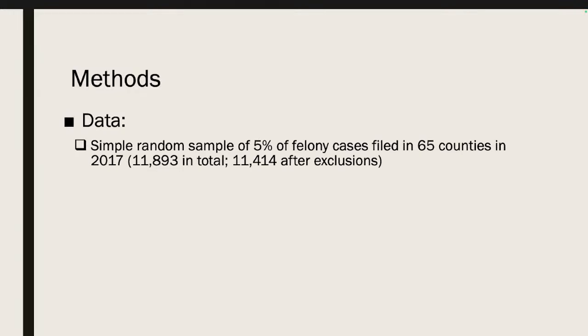In particular, what we did in this project is we took a 5% random sample of all cases filed in 65 counties. That's all but 2 very small counties in the year 2017. We coded nearly 12,000 cases, and after some exclusions, we had 11,414 cases.